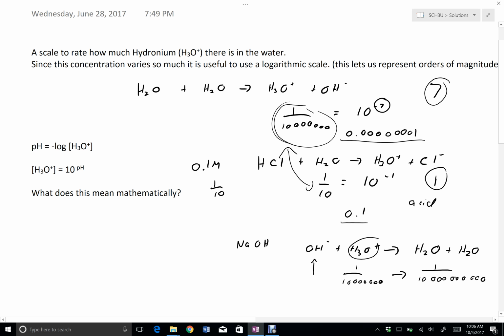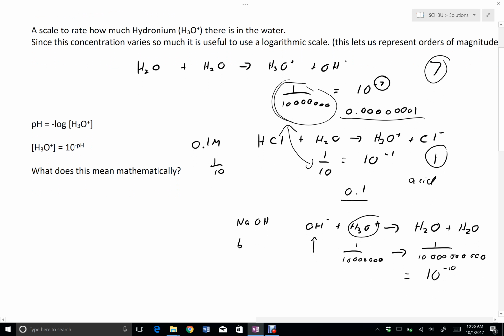So some terrible number, and that would be 10 to the negative 10, and so this is a base, and in here we would just use this number again to say bases have pHs that are greater than 7.